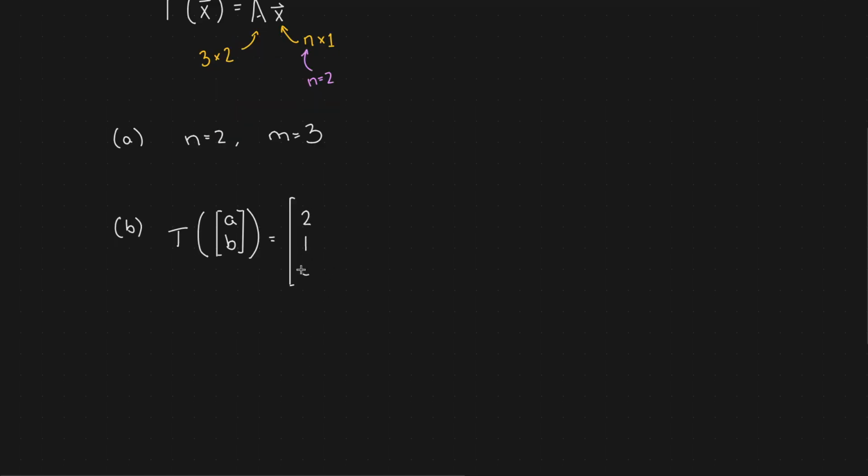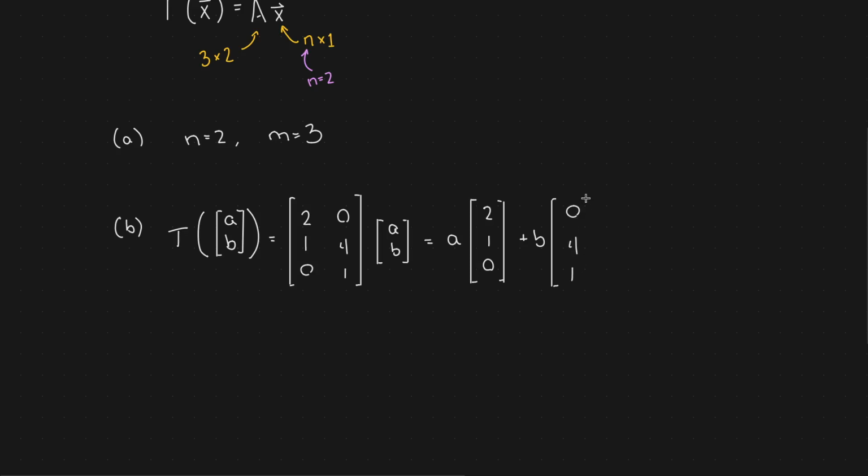So first column 2, 1, 0, second column 0, 4, 1, times the input vector (a, b). From what we know of matrix multiplication, we can write this as a linear combination: a times the first column of the matrix plus b times the second column of the matrix.